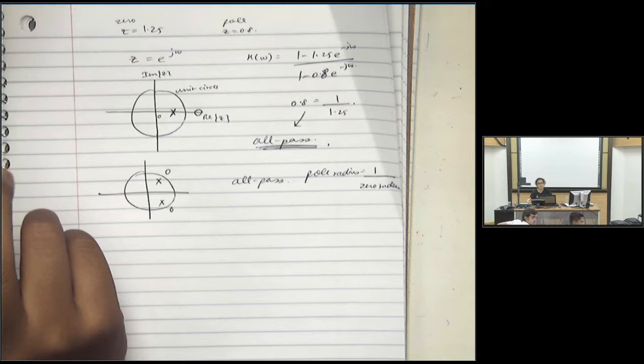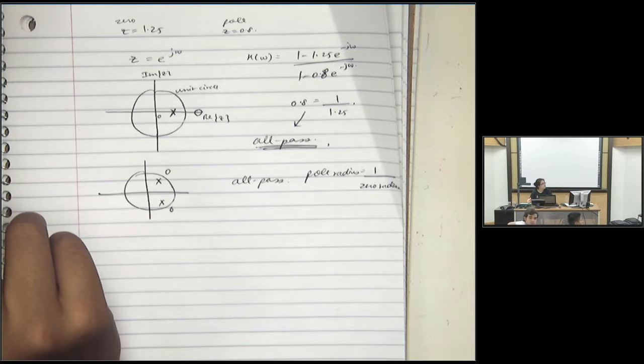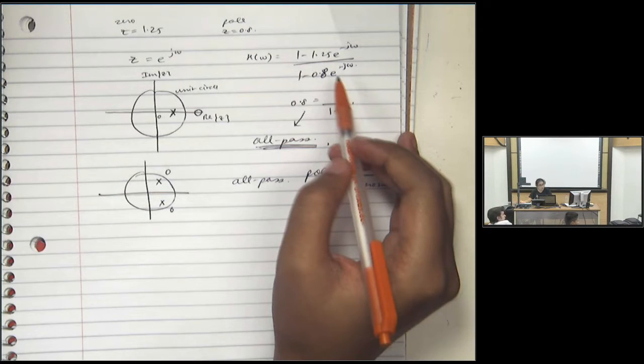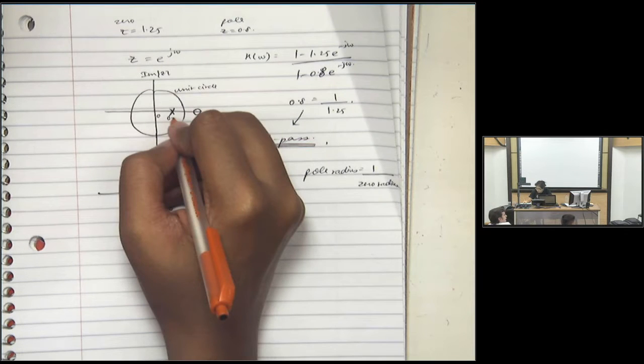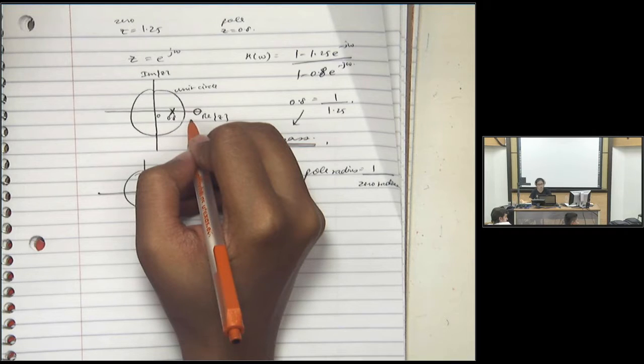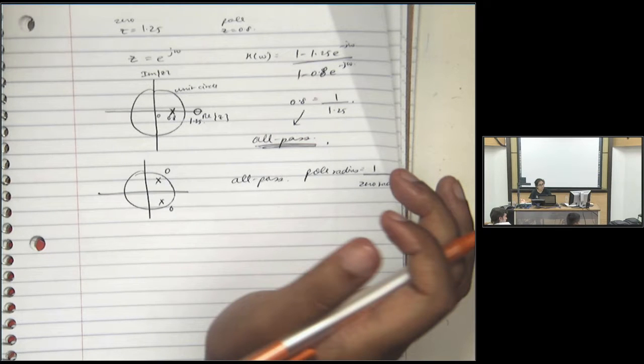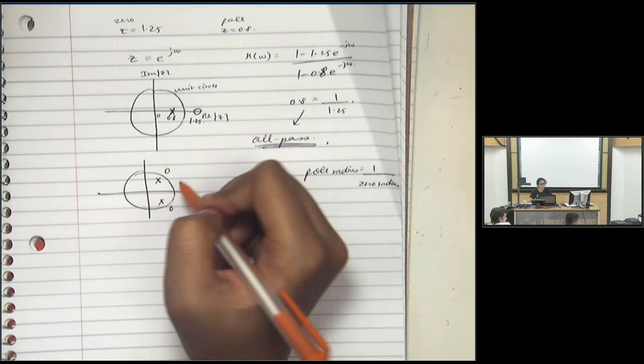Could you explain the unit circle graph one more time? I don't get how you get from the numbers to the graph. Okay, so I have my pole at 0.8, so this is 0.8. And I have my zero at 1.25, so this is 1.25. I just plotted directly. And then the other one? The other one, I'll have a complex conjugate.